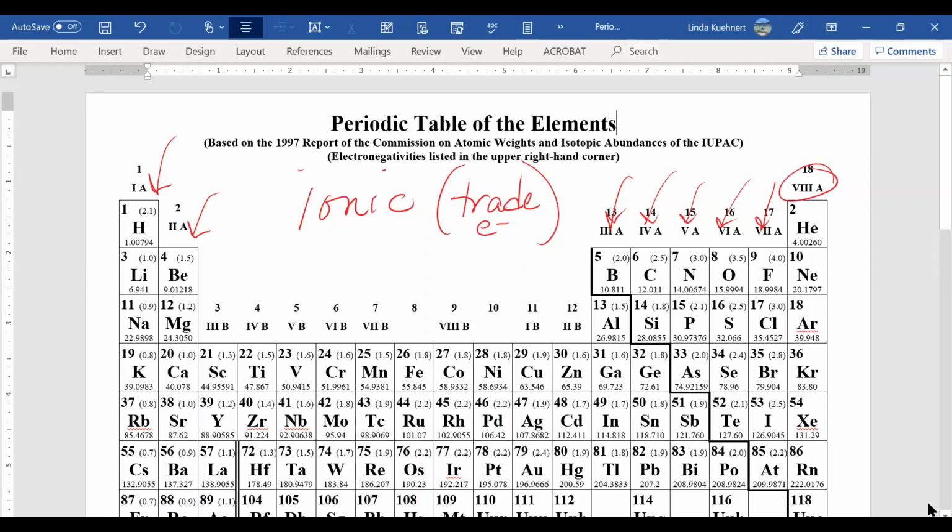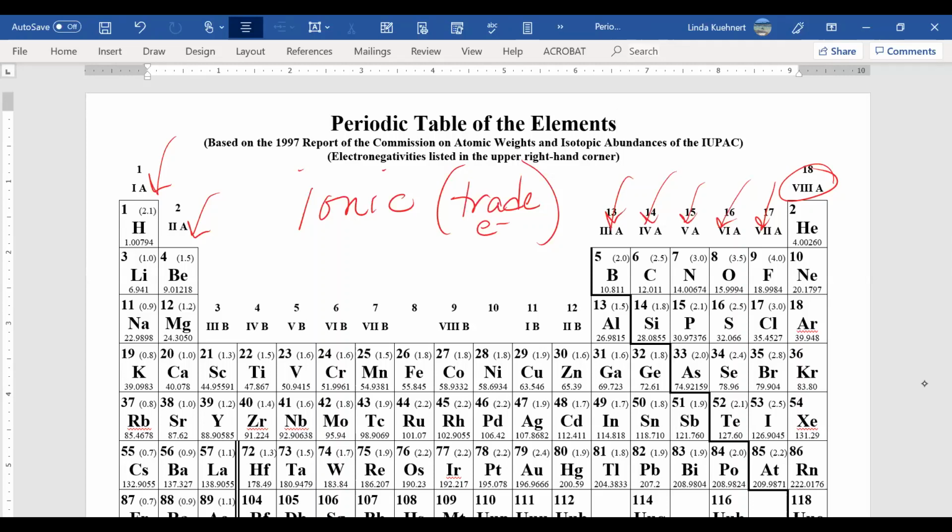Everybody's trying to look like a noble gas and have 8 valence electrons. If you look at the Roman numeral on the periodic chart that I've been pointing to, this shows the number of valence electrons in the atom. These outer electrons are the electrons that do chemistry.